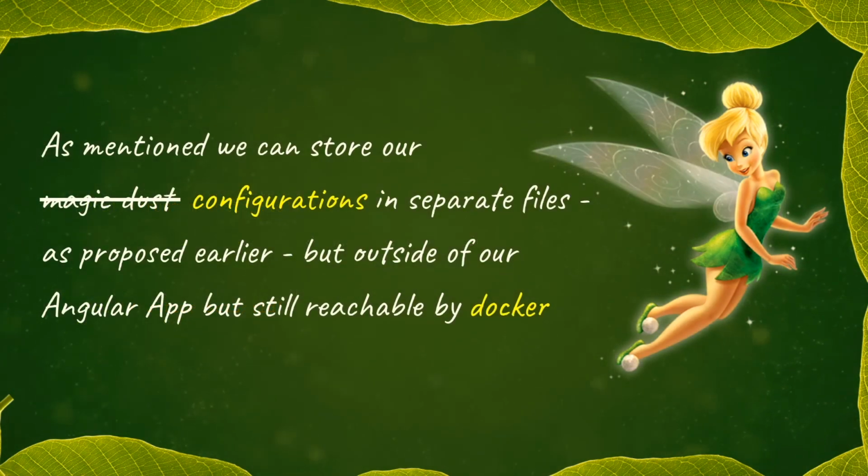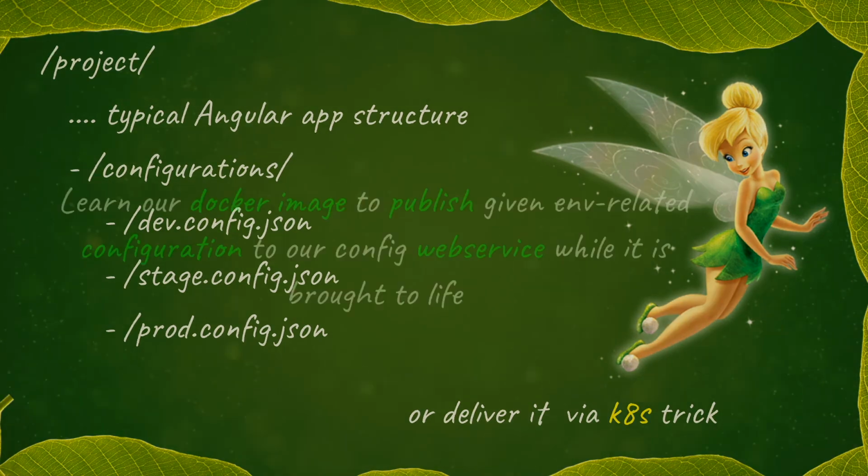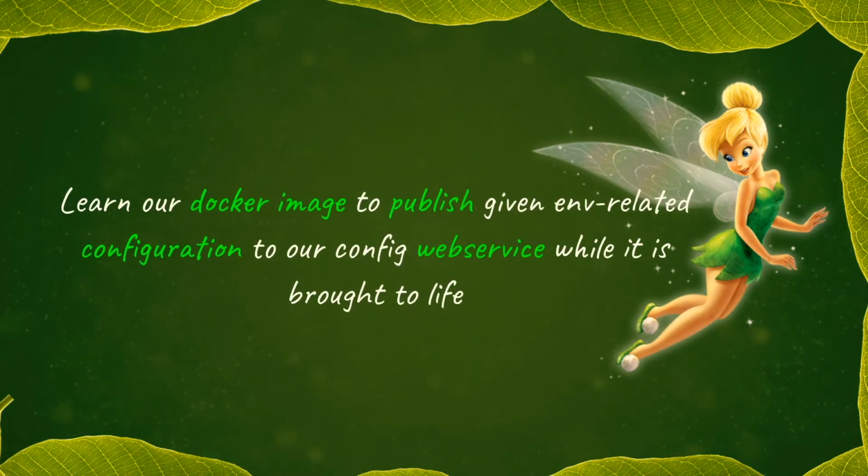And as mentioned, we can store our configurations in separate files, still outside of the Angular app, but literally with Docker. So our project might look like this, and if we wish, we could use the Kubernetes trick here as well. So there's only one thing we need to do: teach our Docker image to publish given environment-related configurations to our config web service while it's brought to life.